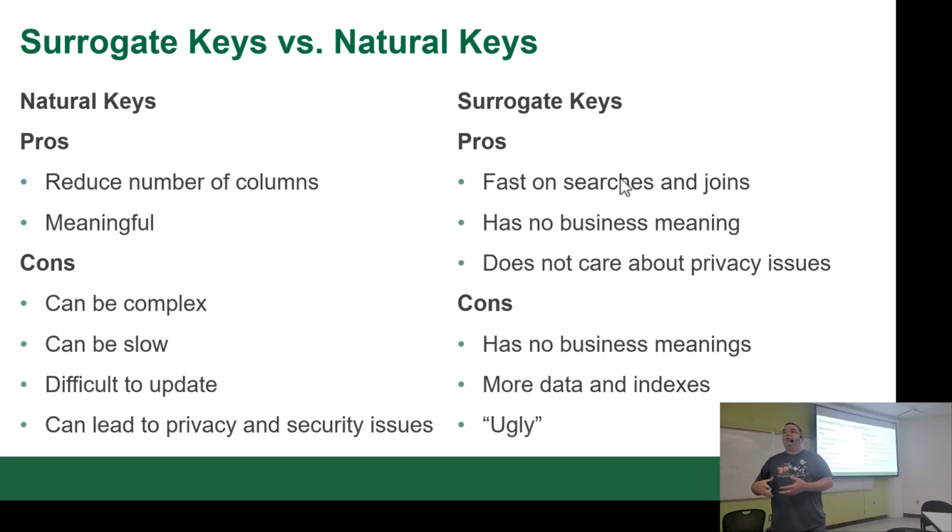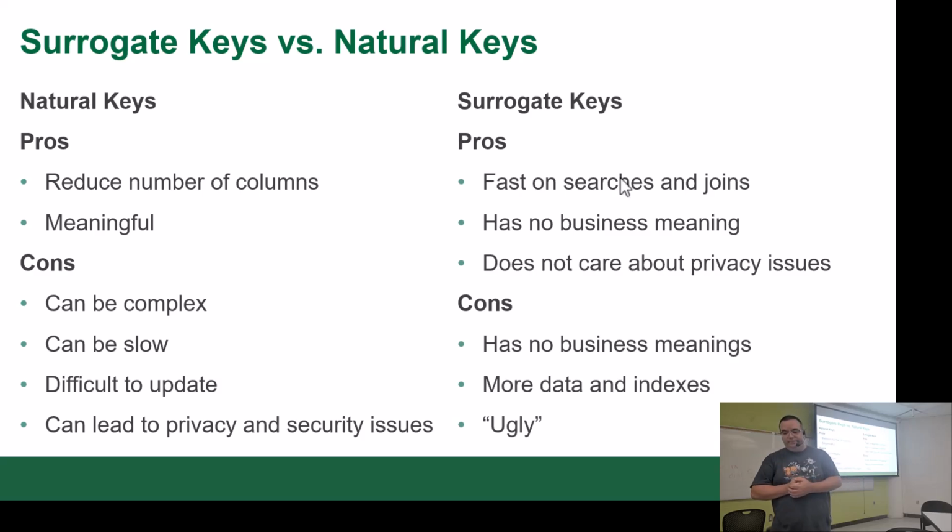Also for indexes, people complain that it will add an extra index because the primary key is always indexed. And if you're fabricating a primary key, you're adding one more index to use up a little more room on the database, on the disk, et cetera. But then again, the index on a number is significantly smaller than the index on an email address, because 256 fits in 8 bits, whereas the letter A is also 8 bits, and if you're talking about the full alphabet, it's actually a byte.